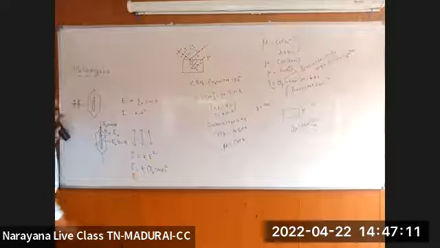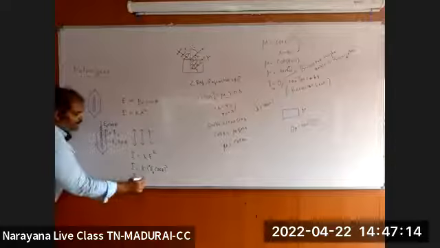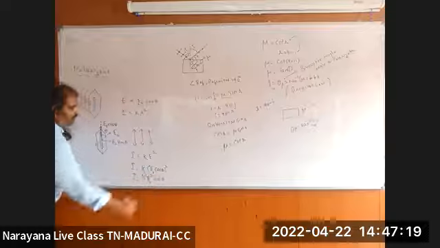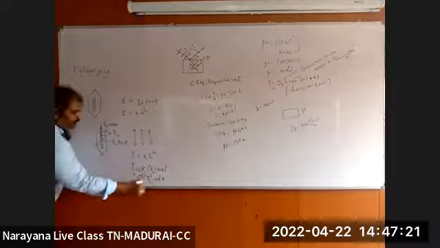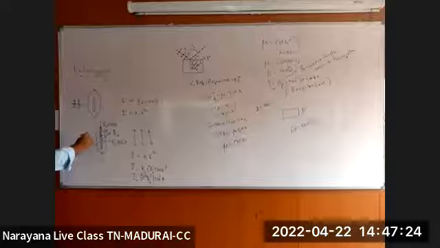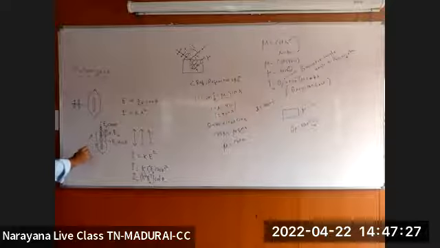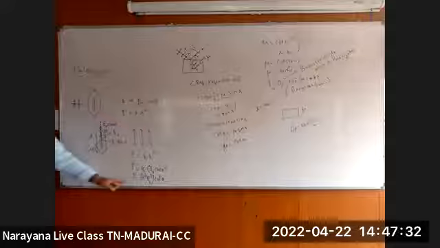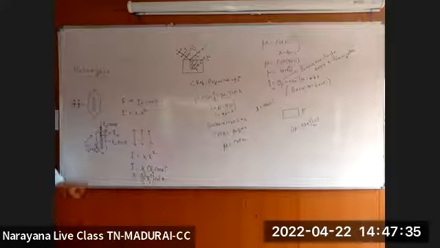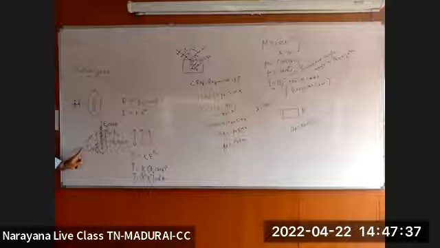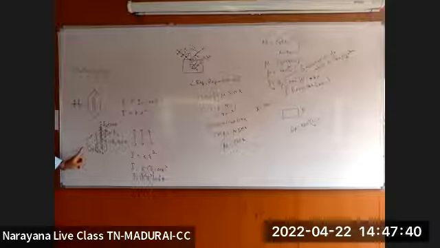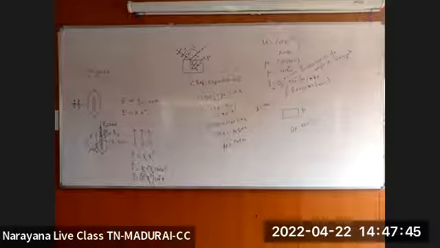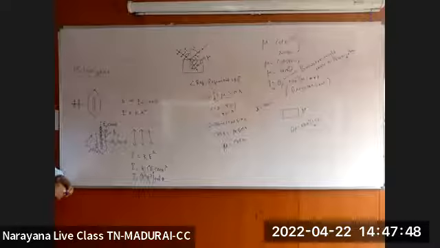That is K into E naught square into cosine square theta. This K into E naught square is nothing but the intensity of the incident ordinary light, or the intensity of the unpolarized light before incidence on this polarizer. Understood? So I can generalize one statement.